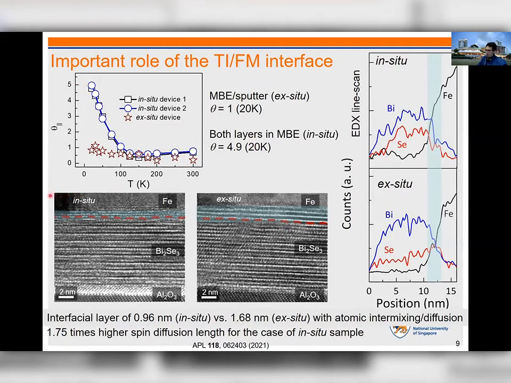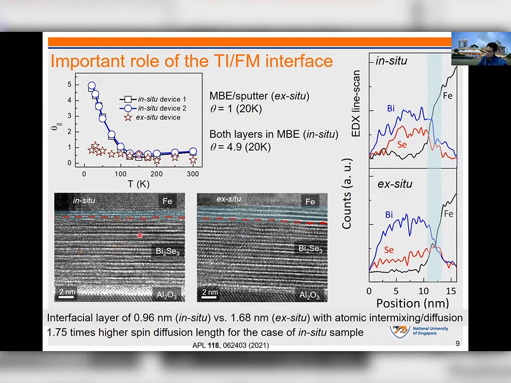So in order to find out what's going on at the interface, we tried TEM, and we can see the interface layer in which we can see atomic intermixing and diffusion increases in the ex situ case, a much thicker interfacial layer compared to the in situ case. And from those, we can deduce the spin diffusion length is 1.75 times longer in the in situ case.